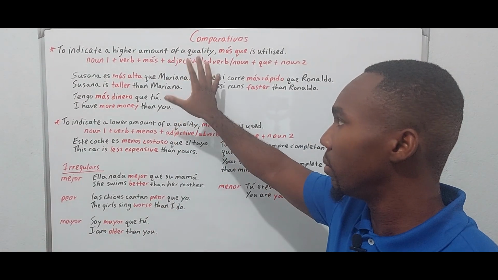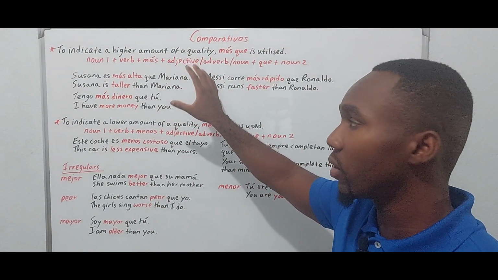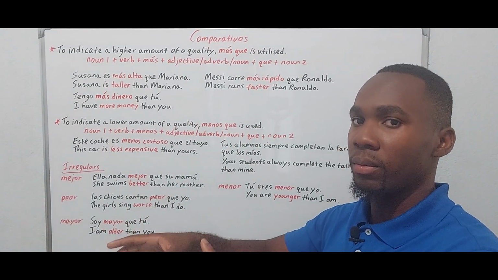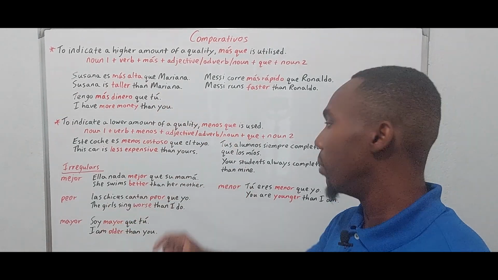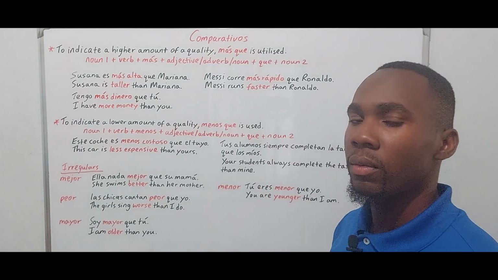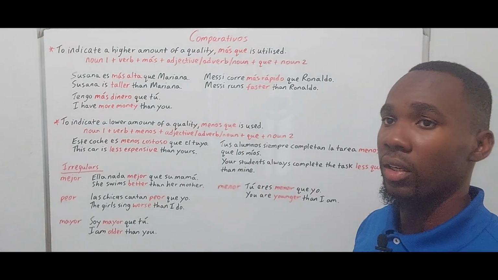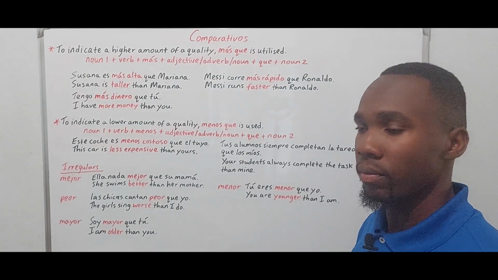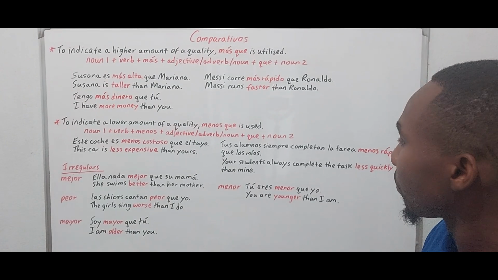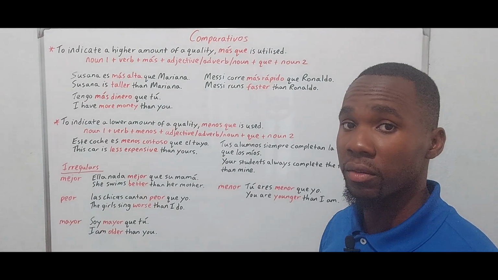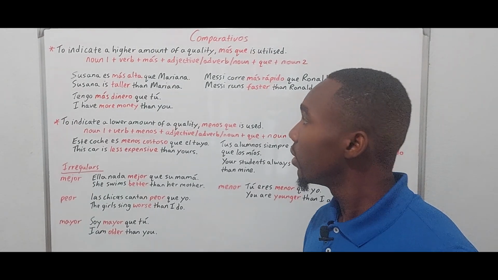Like in the traditional comparatives, we have más adjective or adverb or noun que, but we just have that word, que, and then the second entity in the comparison. So in that sense, they're also irregular. Right? So remember these. These are the irregular comparatives in Spanish.